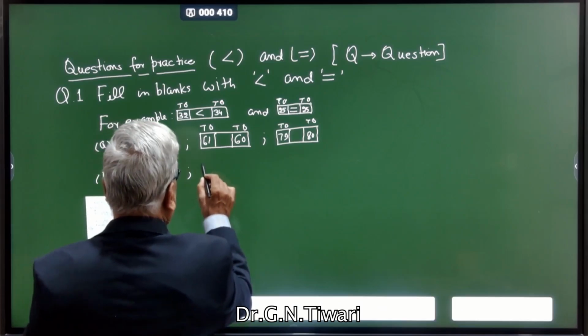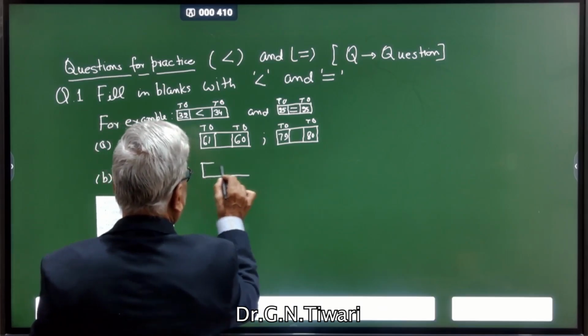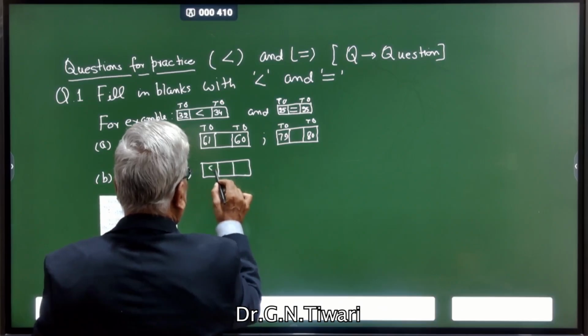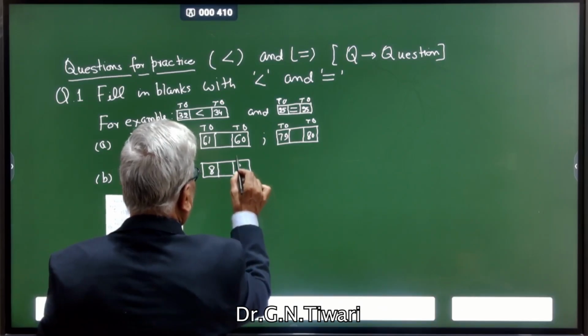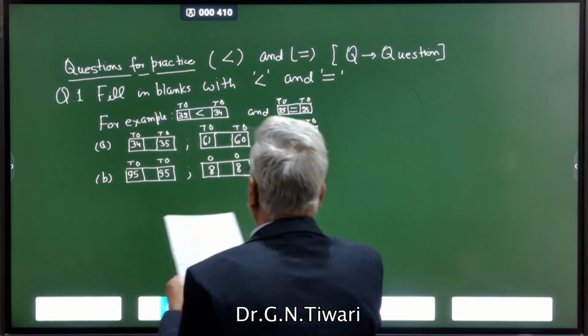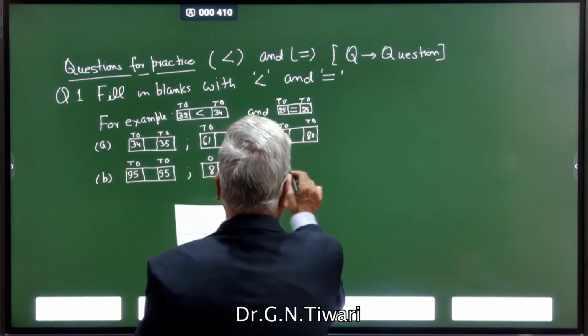Now, again make 3 blocks. 8 and 8. Here it is O, here O. Again make 3 blocks.